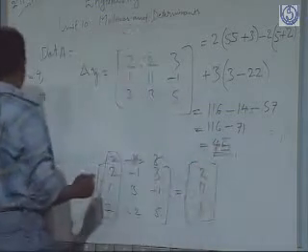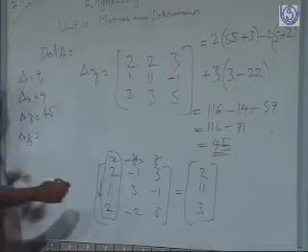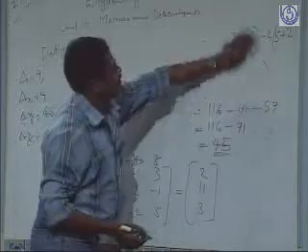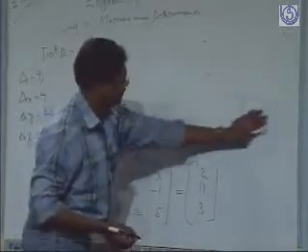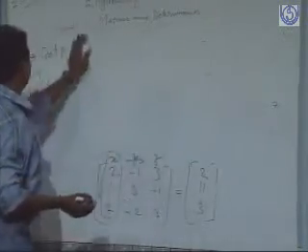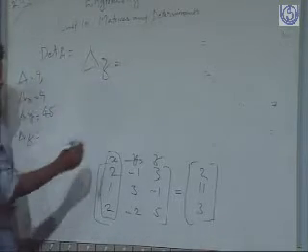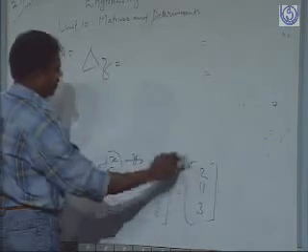So this is the value of delta y, 45, and then in the same way we have to find out the delta z also. Delta z, we will find out here, we will replace this column with this column.